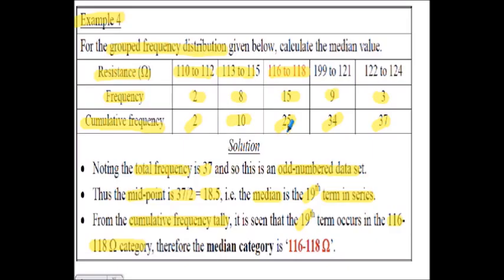So when we're looking at the 19th term, it must occur in the third category. It's not in the second category because that goes up to 10 items, but the third category goes up to 25, so the 19th item must be in the third category. So in this case, the median category is specified as the 116 to 118 ohm category.